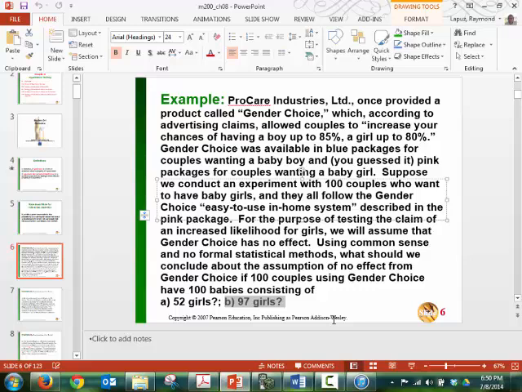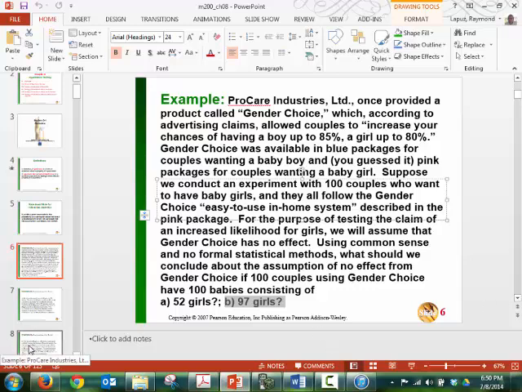What can you say about that? That's pretty rare. It's kind of rare to have 97 girls out of 100 babies, right? Out of 100 births, we would expect about 50 girls, certainly not 97.